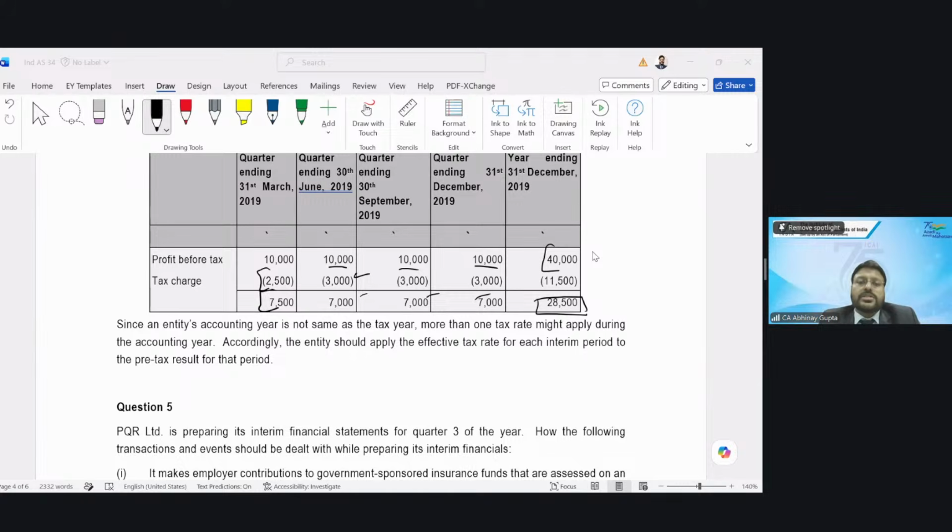Although it doesn't happen in general, I'm just asking hypothetically, if during the mid-year the government comes and changes the income tax rate, would you be applying the revised rate which is made effective? Yes. So that's the logic. Whatever tax rate is effective for that quarter has to be considered for the purpose of our calculations.